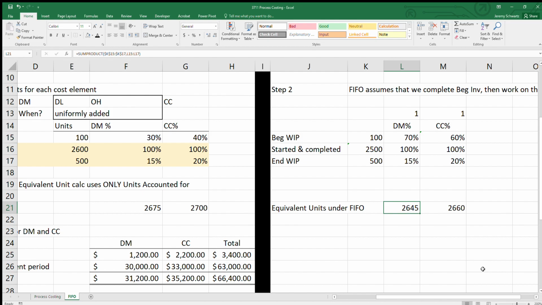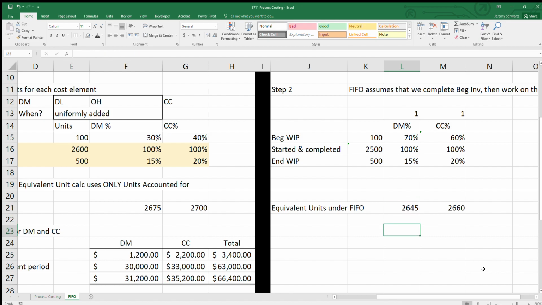In other words, when we're dealing with the costs and we have some costs in beginning inventory, we're going to assume those costs are going to be moving forward, but those costs are not part of the current production and therefore shouldn't be part of the calculation.